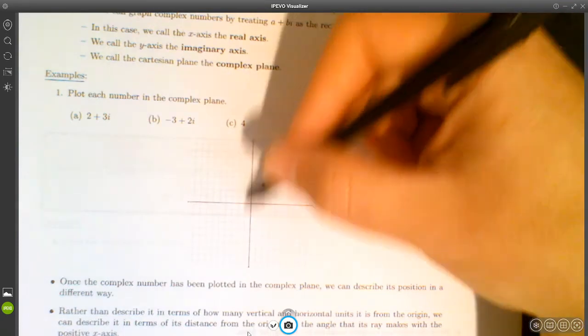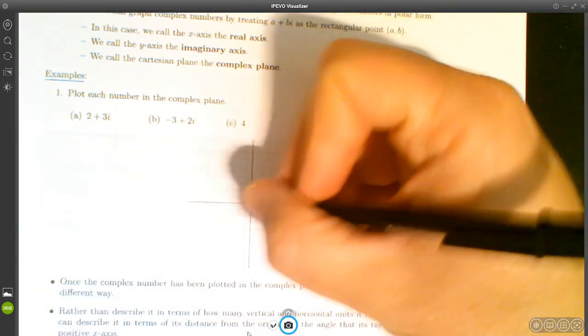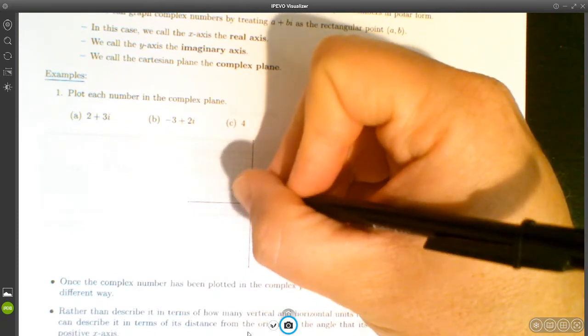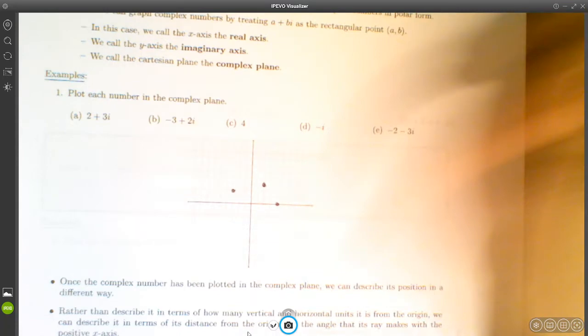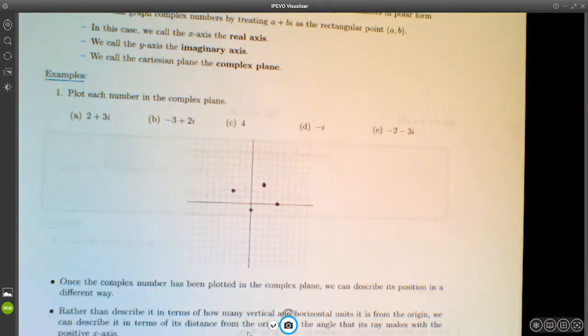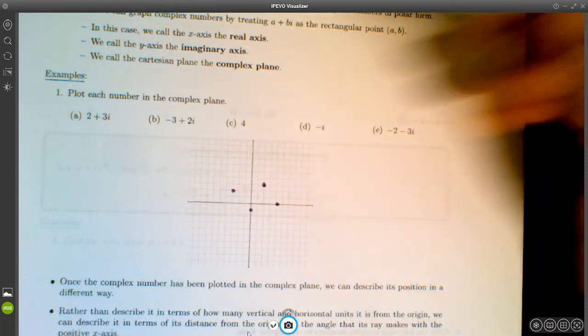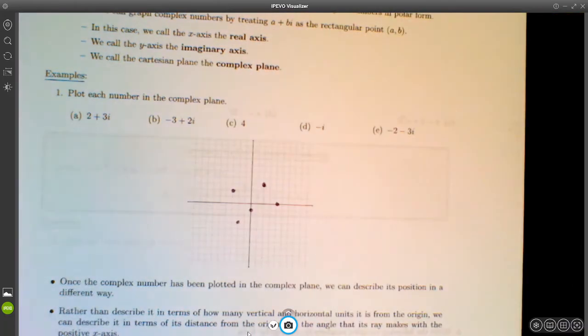This is the imaginary axis. -3 plus 2i would look like that. 4 would look like that. -i would look like that. And -2 minus 3i would look like that. So this is how we graph complex numbers in the complex plane.